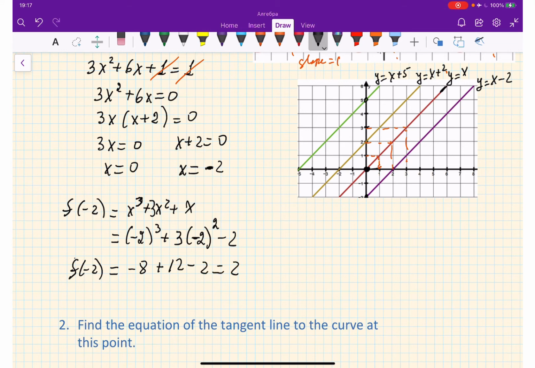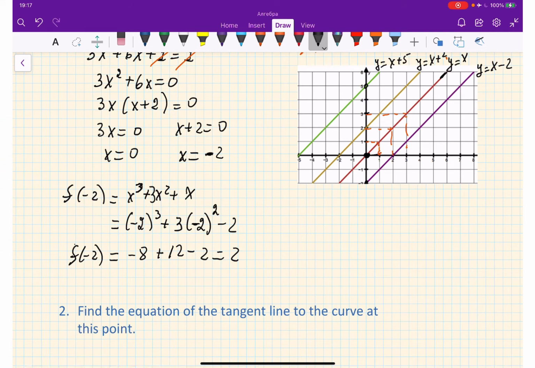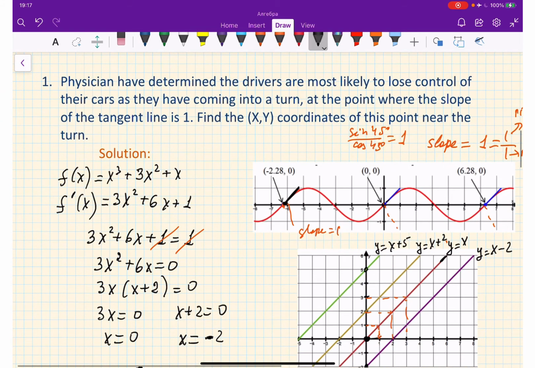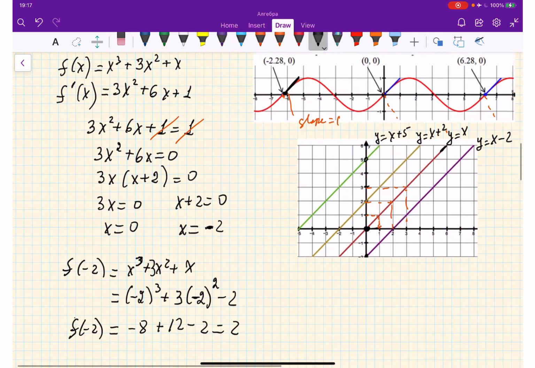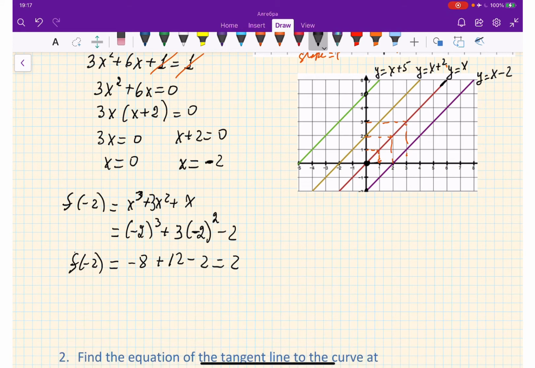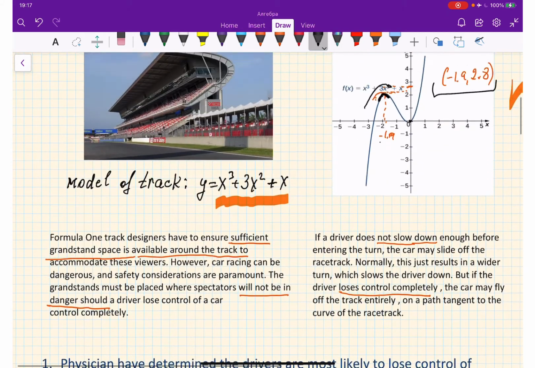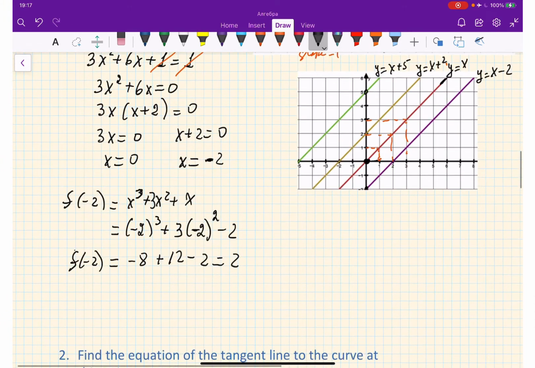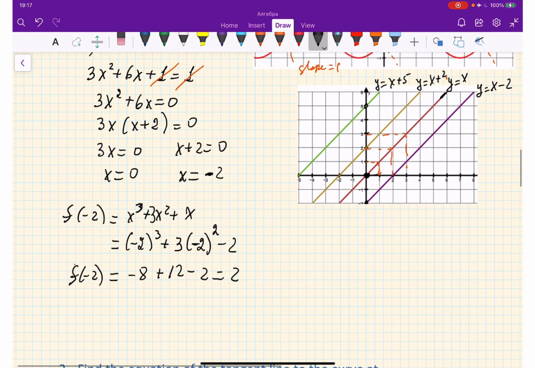So what does that mean? That the xy point, here we have, find the xy coordinate of this point near the turn. So since our turn is around negative 1.9, right? And how much is it? 2.8. So near the point, x and y is going to be negative 2 and positive 2.